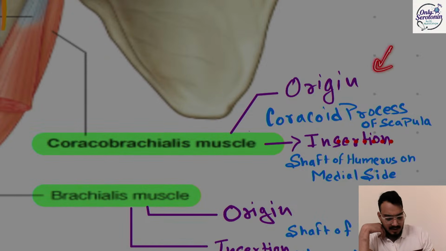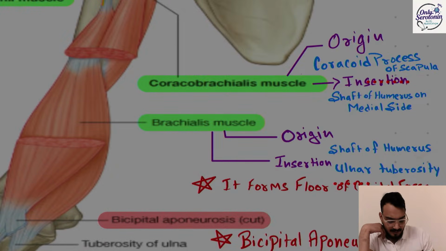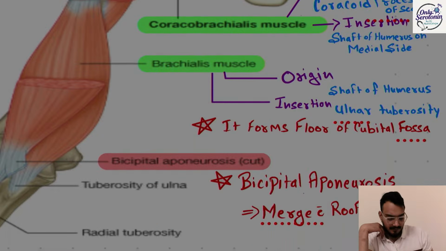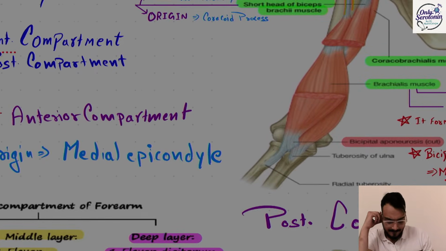In this, origin is coracoid process of the scapula, and insertion is shaft of the humerus on the medial side. Brachialis muscle origin is shaft of the humerus, insertion is ulnar tuberosity. It forms the floor of the cubital fossa. Then we are having the biceps aponeurosis. It is merging with the roof of cubital fossa.